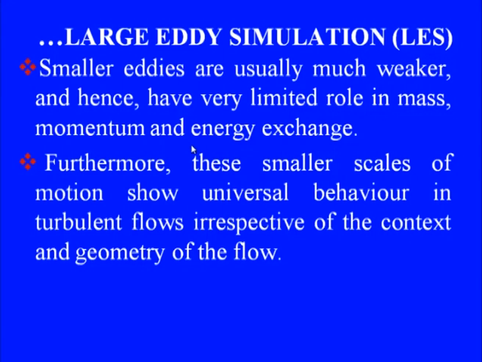So, their behavior is universal irrespective of the context, Reynolds number or the geometry of the flow. So, what we can do is come up with a model for these smaller eddies. It is a lot easier to capture the effect of these small scale eddies through a model and try to resolve the large eddies accurately.